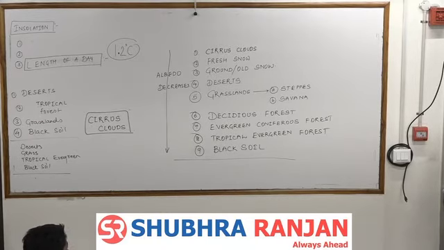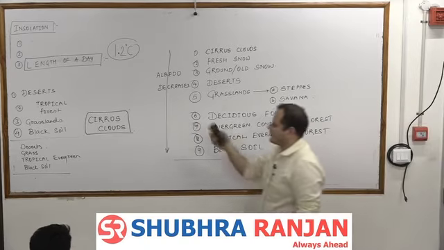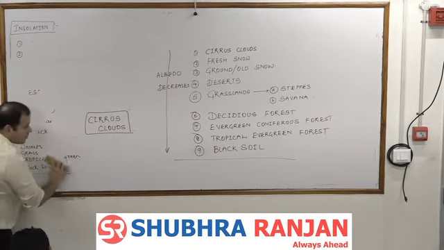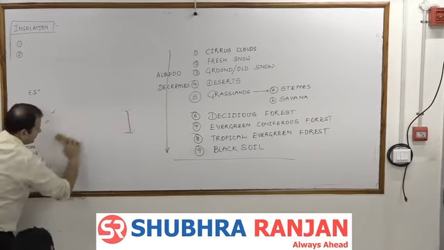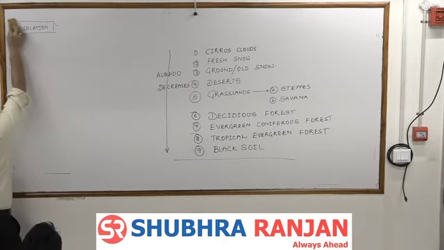Because composition, यमुना, what is the color in Delhi? What is the color of Yamuna? Black. Salt. No. Salt does not give color. Affect albedo?